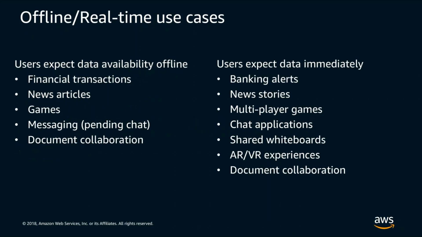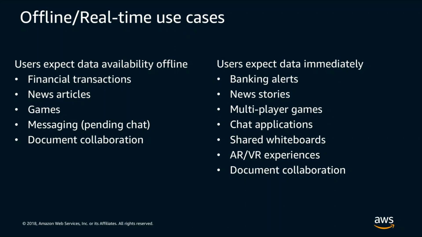So let's start off with a couple of offline real-time use cases that you see in the world today. There are a couple of use cases where the users expect the data to be available offline, something like financial transactions, so if you want a history of your banking transactions, or news articles, especially if I want to read something while I'm traveling in a subway where there's intermittent network loss, single player games, messaging apps where I'm posting a chat message to some of my friends or a group, and I don't have network connectivity.